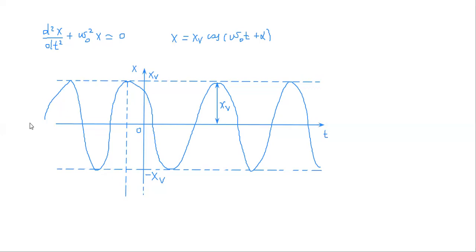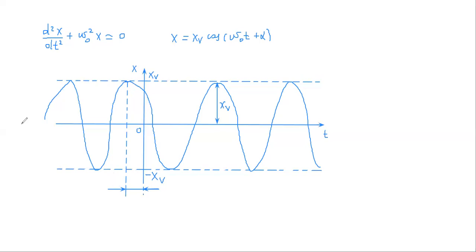And I'll find this distance. This distance is alpha divided by omega 0.